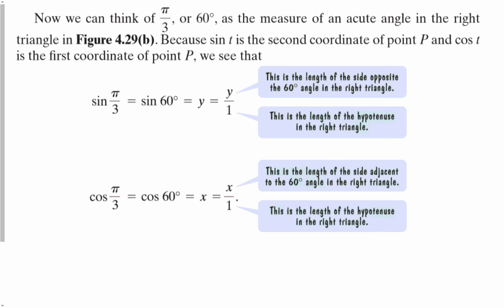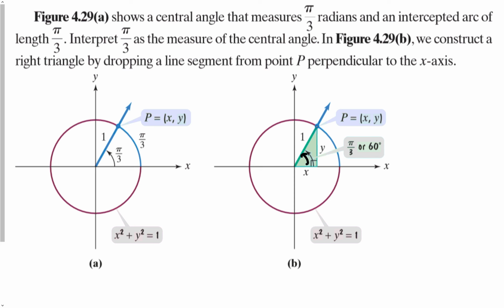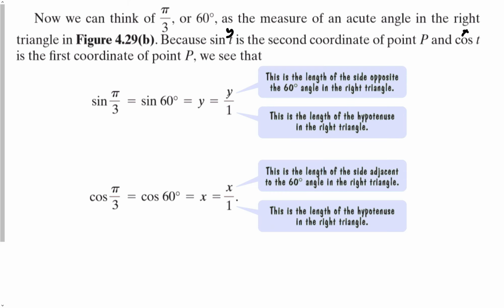Because sine is the second coordinate and cosine is the first, sine is the y coordinate, and cosine is the x coordinate. If you look at this picture, the sine would be the y coordinate, but we also want to divide out the length of the hypotenuse.